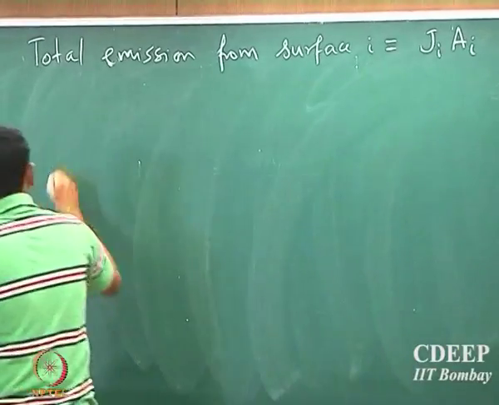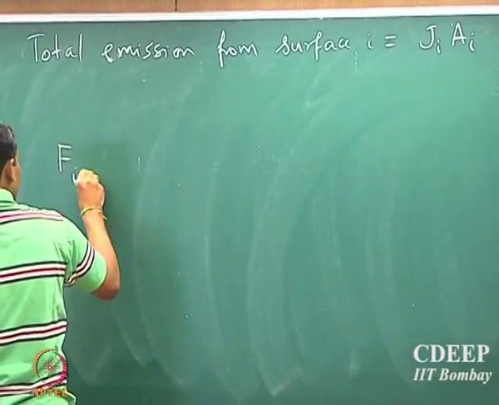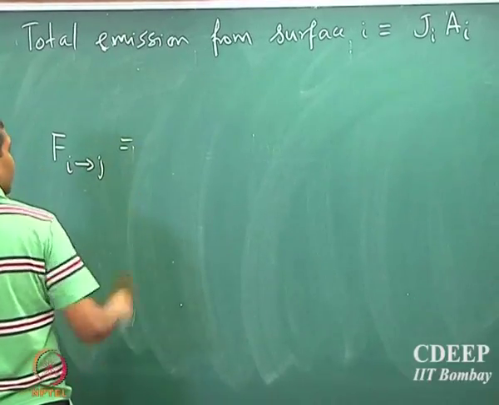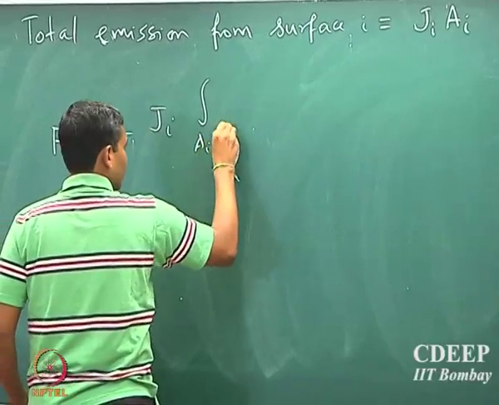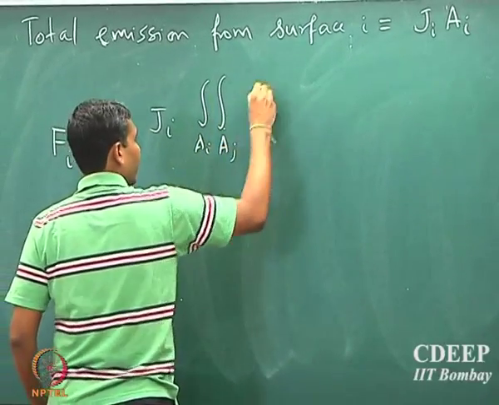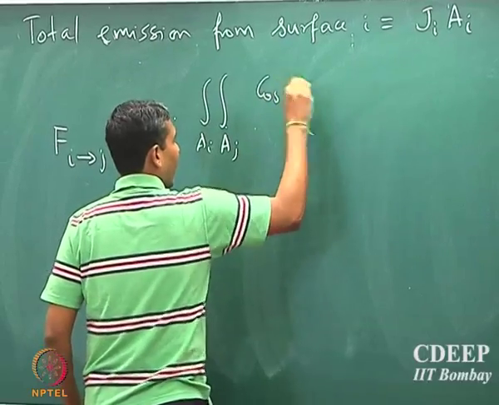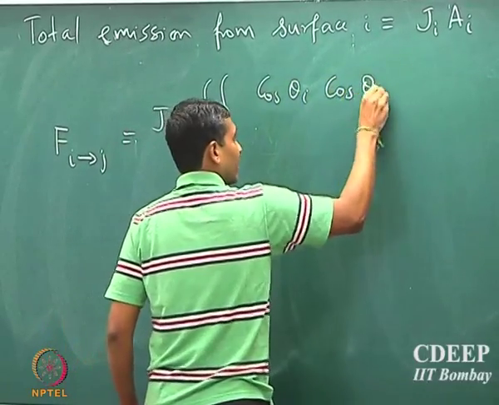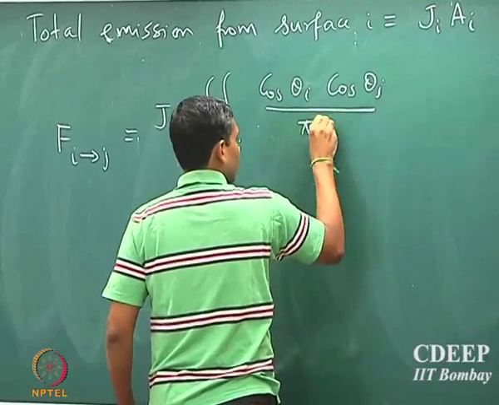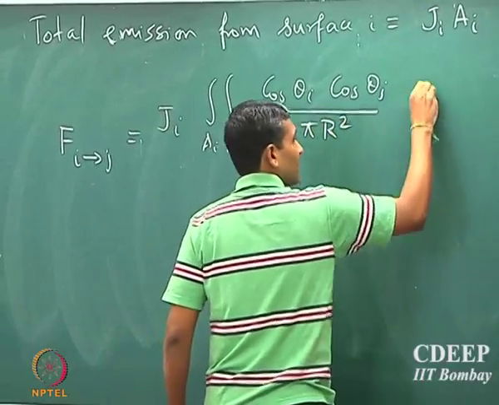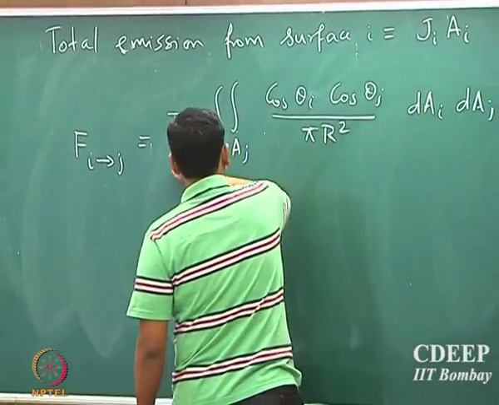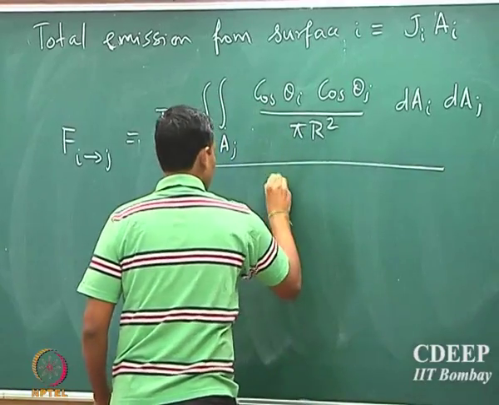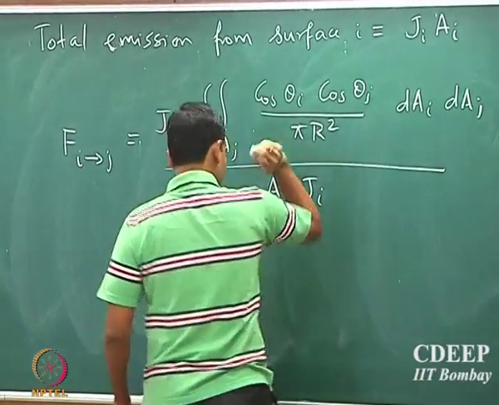So with this we can now define the view factor as Ji integral over Ai, integral over Aj, of cos theta i cos theta j divided by pi r squared, dAi dAj, divided by Ai Ji.